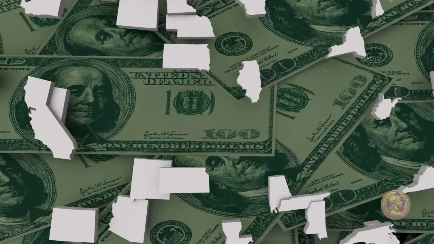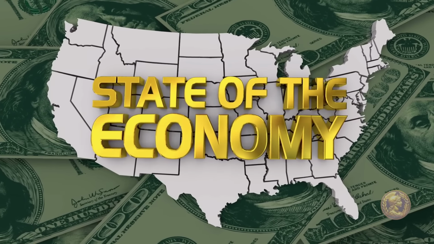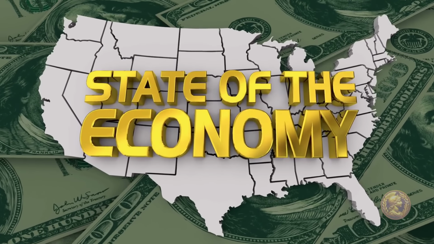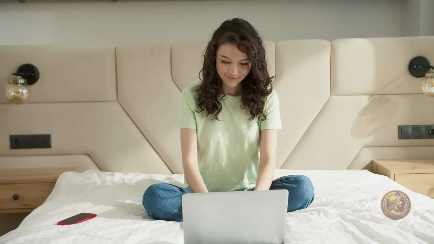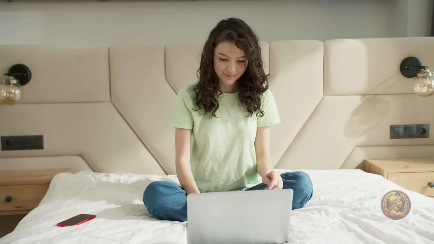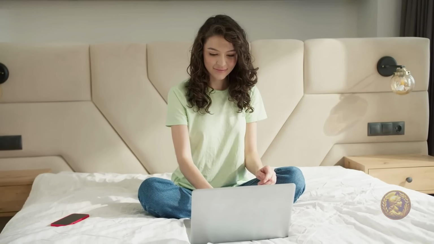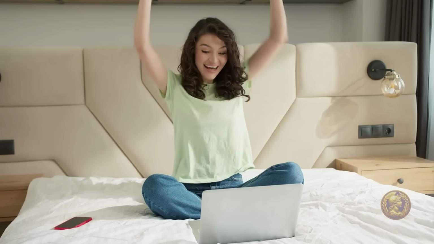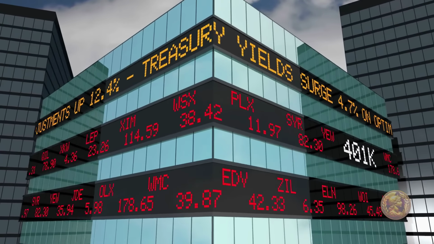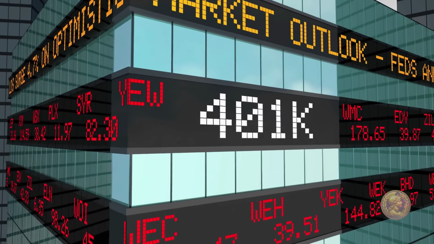This index not only reflects the health of the country's largest corporations, but also acts as a key indicator of economic trends and the business cycle. If you are thinking about investing in the stock market, understanding the S&P 500 is a great first step, as it will allow you to make informed decisions about your investments. Knowing how this index works and its impact on the economy can help you navigate the financial world with greater confidence.